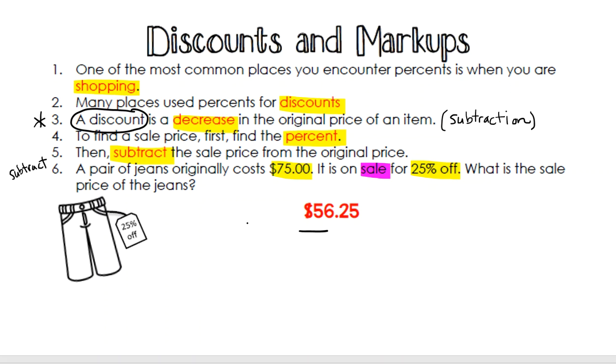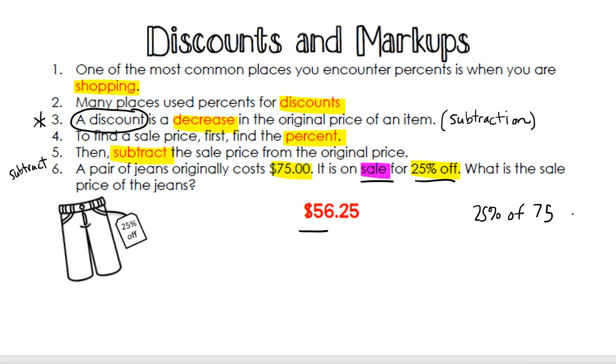Okay, so let me show you how this works. If the pair of jeans cost $75, so if you walk into the store, you pull the pair of jeans off the rack and the tag says $75. But then on the top of the rack, there's a sign that says sale 25% off. What you do is you have to find out what 25% of the original price is, because that's what you get to save.